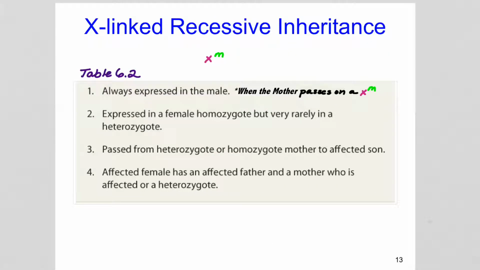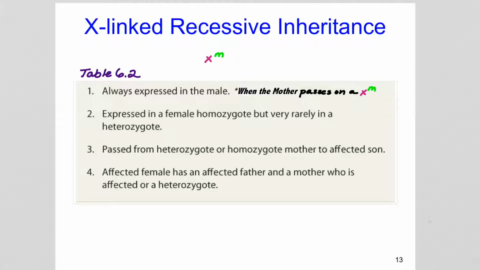So this slide summarizes what to look for when examining the transmission of an X-linked recessive trait. So in this case, the mutation is going to be a recessive allele, and because we're dealing with X linkage, we find this allele on the X chromosome.